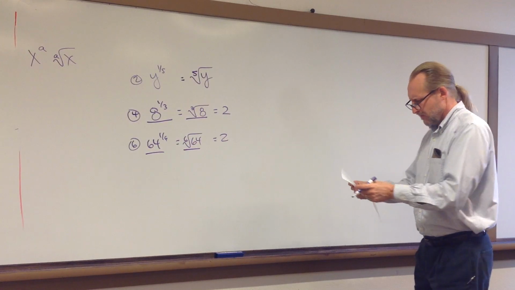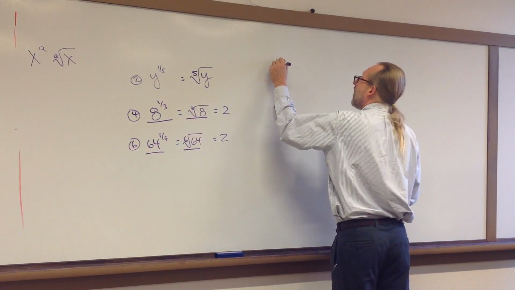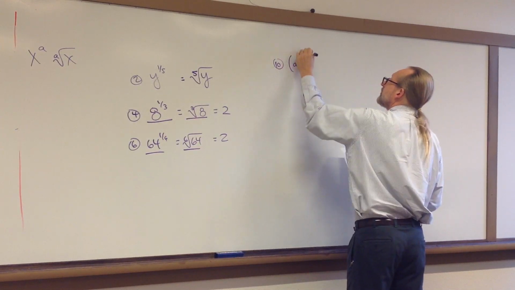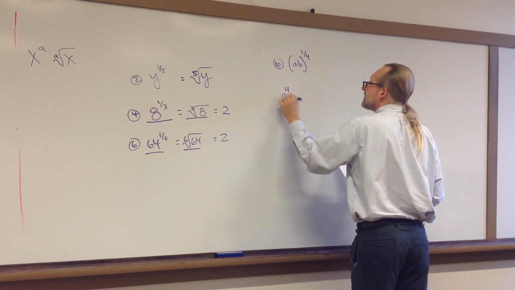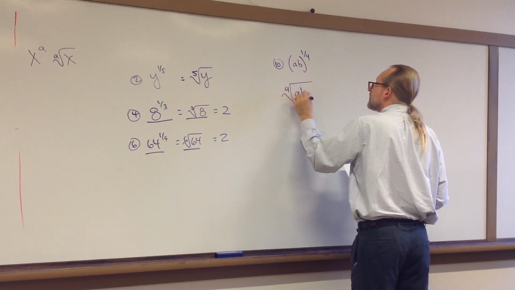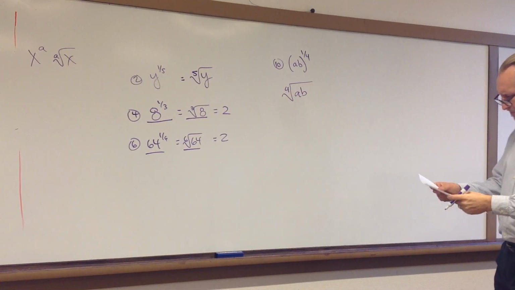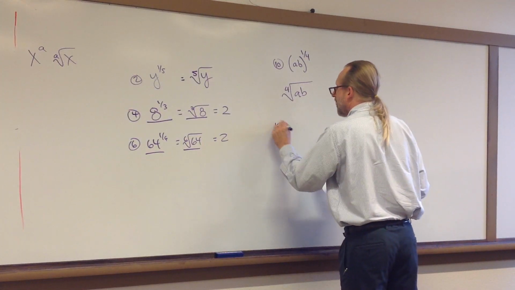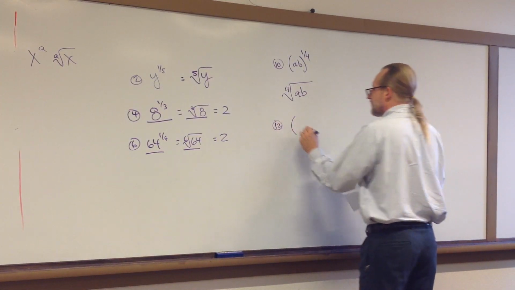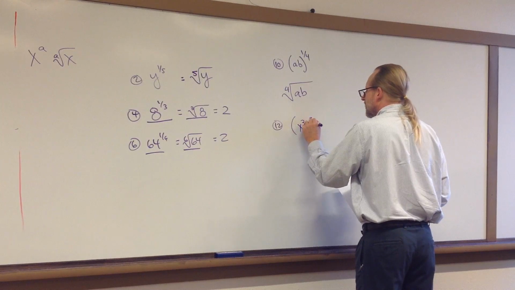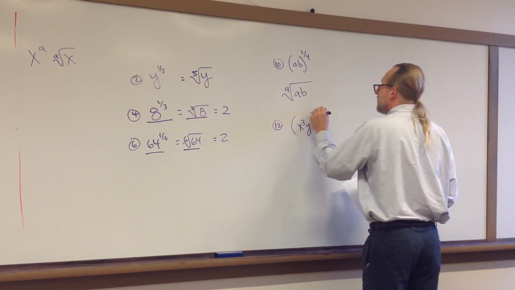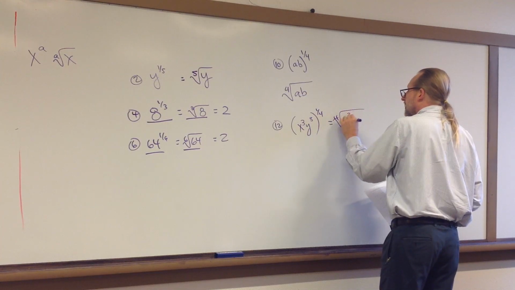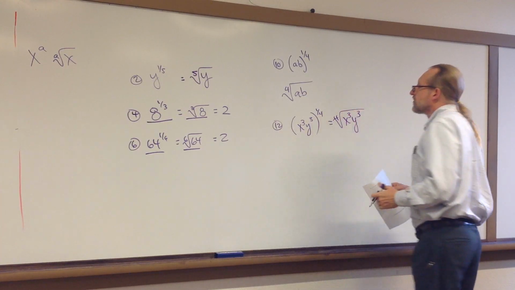All right, problem 10, we have parentheses AB to the 1/4 power. So that means that this is going to be the 4th root of AB. Okay, problem 12, we've got x cubed, y cubed, and that is also being raised to the 1/4 power, so that's the 4th root of x cubed y cubed.